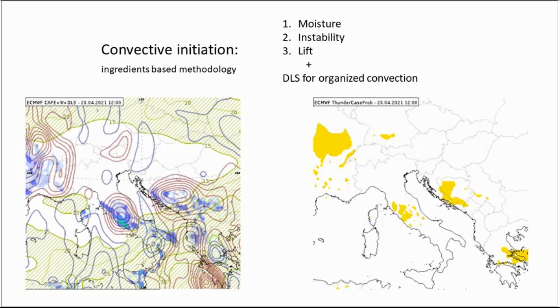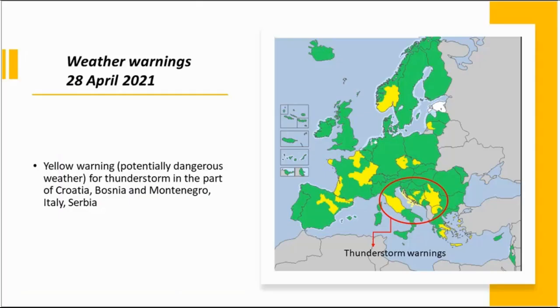If you look at the thunder probability, you see some signals here in this part of Italy, in Croatia, Bosnia, and something in Serbia and Montenegro. So here we can maybe expect some instability, some thunder and thunder showers. So let's look at what the different met services give for today.